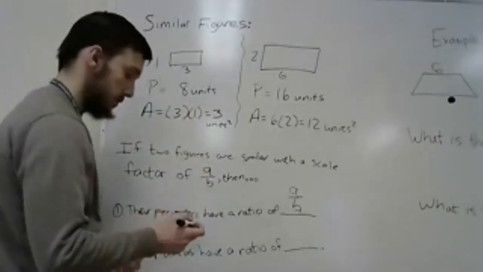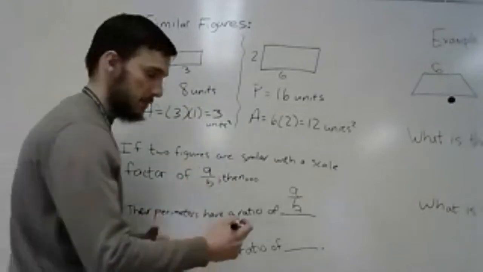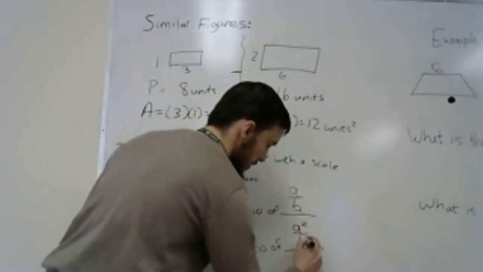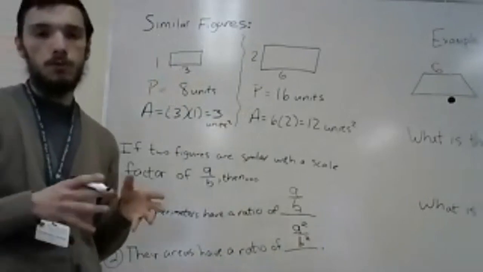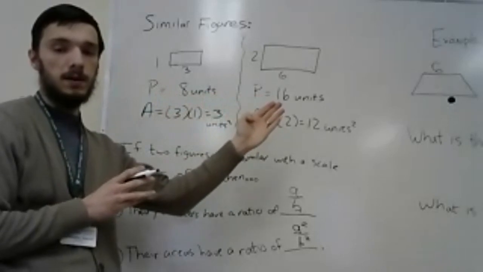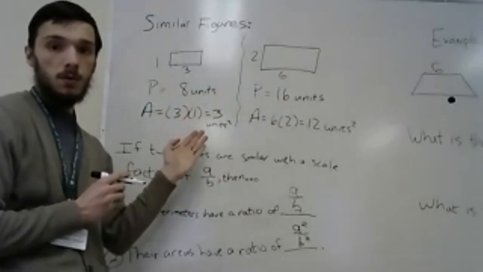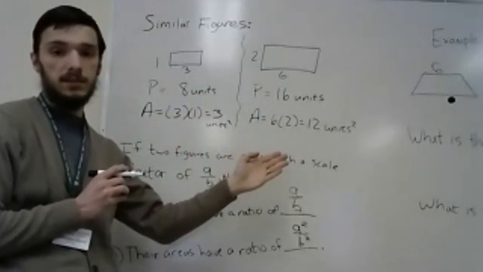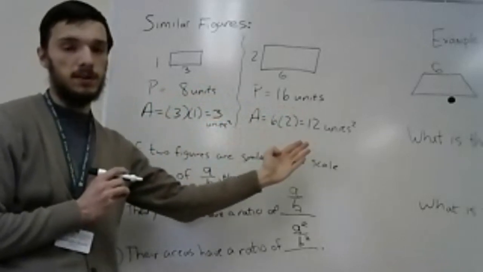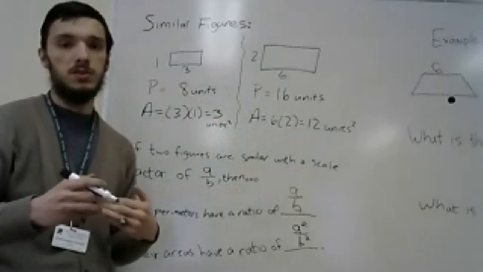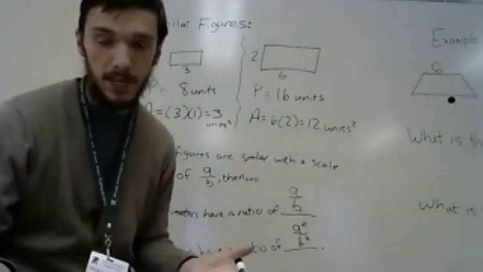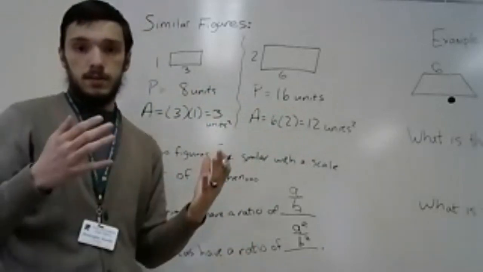So the ratio of the areas of similar figures is A squared over B squared. Okay? So instead of multiplying by that same scale factor, we are going to square that scale factor in order to find the areas. Notice we multiply by 2, then 3 times 4 gives us 12. So that ratio is squared when we're talking about areas. So let's just do a quick application of this concept.